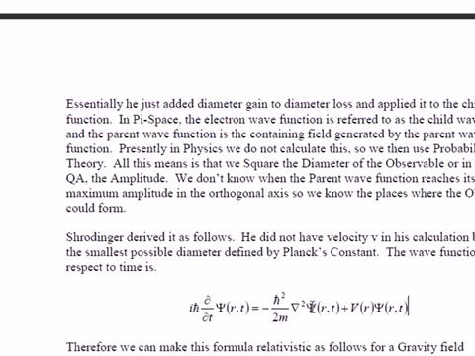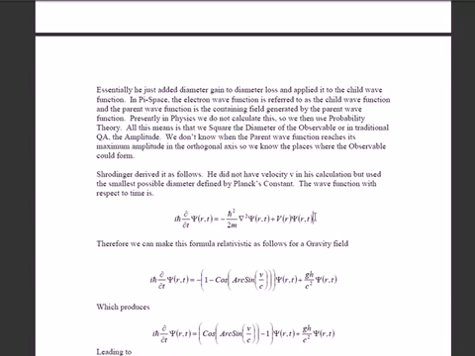So what you're looking at here is a formula that talks about the rate of change of a system in terms of its energy with respect to time. We have the kinetic energy component, the potential energy component, and the wave function component, which is the quantum mechanical view of things.